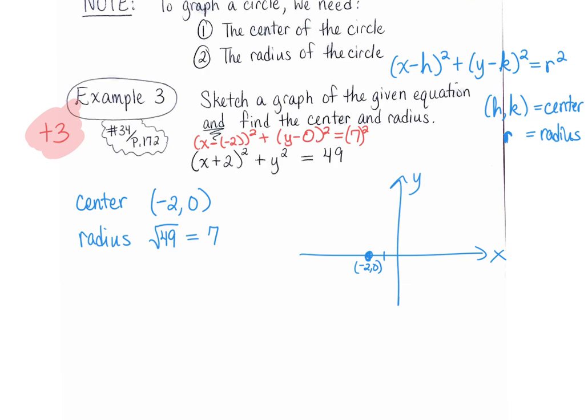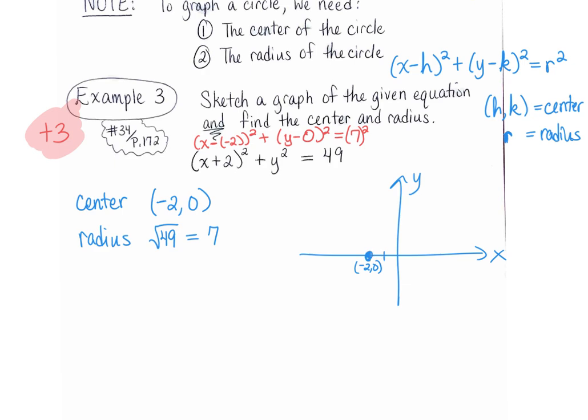What are we sketching a graph of? A circle. We plotted the center. Now what do we do? How do we know how far out to go? How far up to go? How far down to go? 7 units on each side, because 7 is our radius. Yeah, you got it. Good.